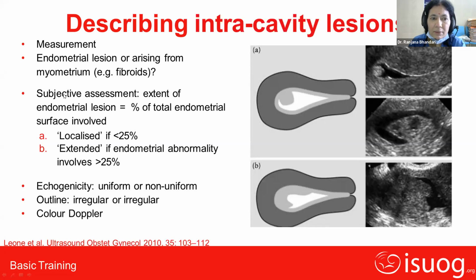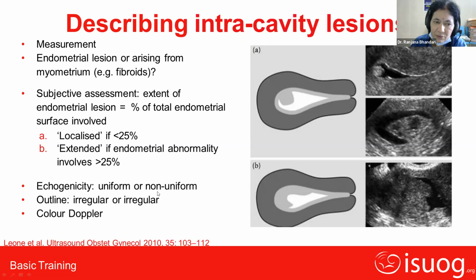Now, it's a subjective assessment to tell whether the lesion is localized or extended. See, this is less than 25%. We are not calculating it, it is a subjective assessment. If it is less than 25% of the endometrial surface, then it is localized. If it is extended, then it is written as extended.